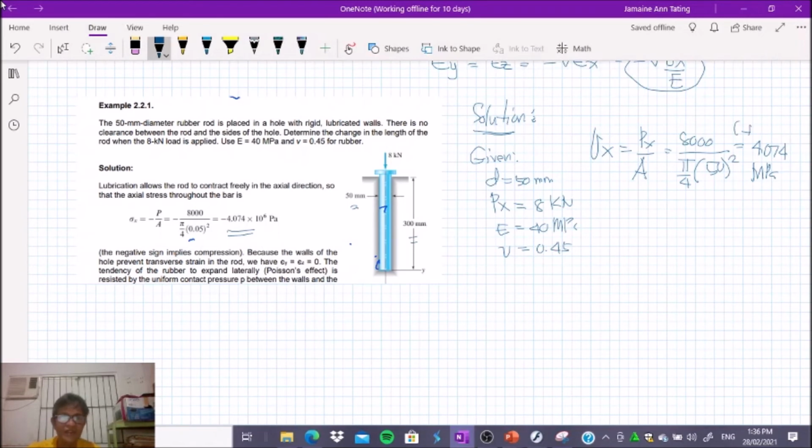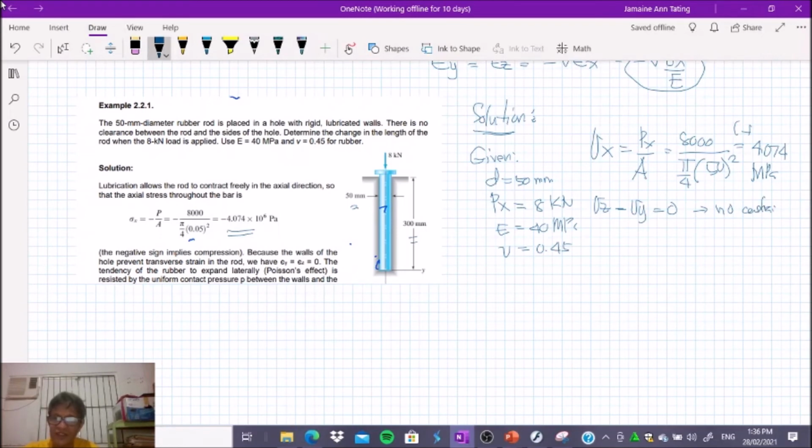Then next, what is being asked is to determine the change in length of the rod. Now, what is happening here is that we have no load in Y and Z. Supposedly, sigma Y and sigma Z should be equal to 0 if there is no constraining factor.